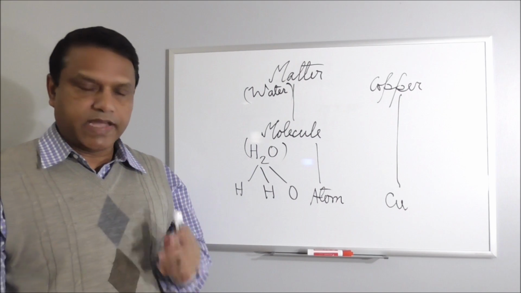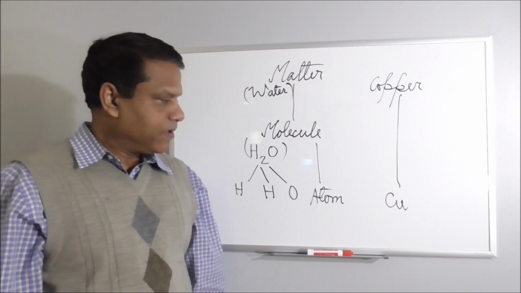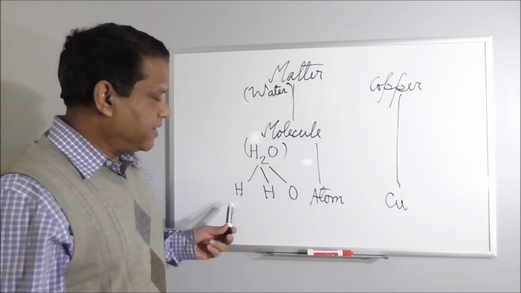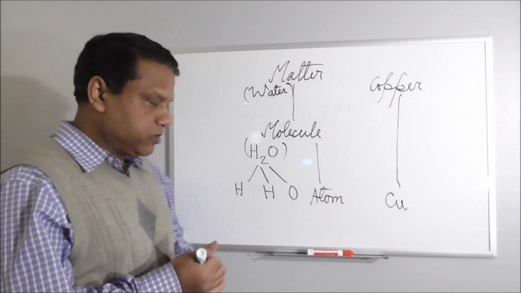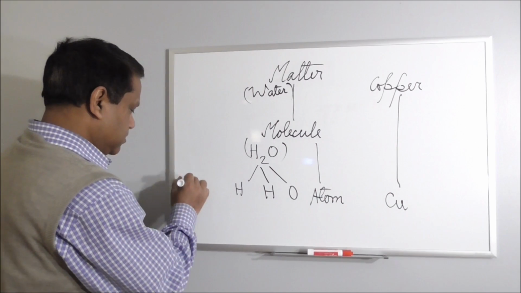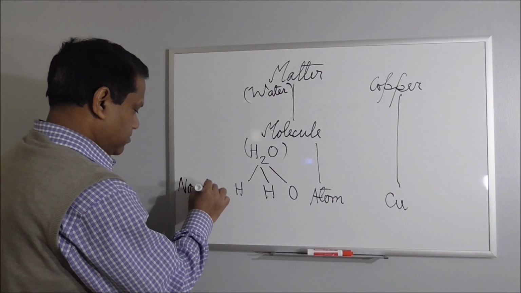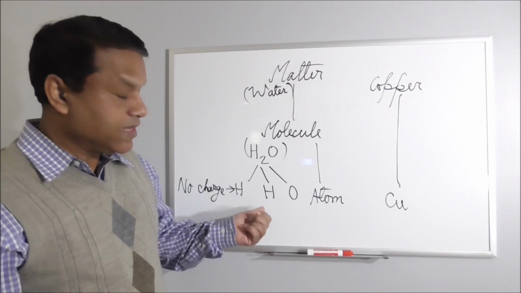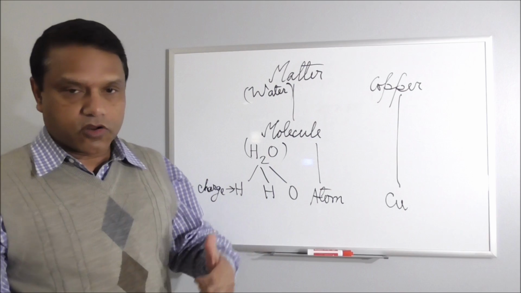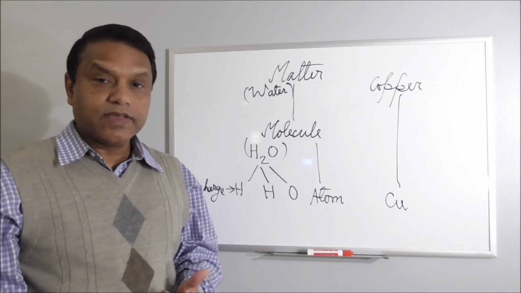So that's where we're going with this discussion. Every material is made of atoms, but the atoms are charge neutral. There is no charge. You can make them charged by taking something out of them, which we call electrons.